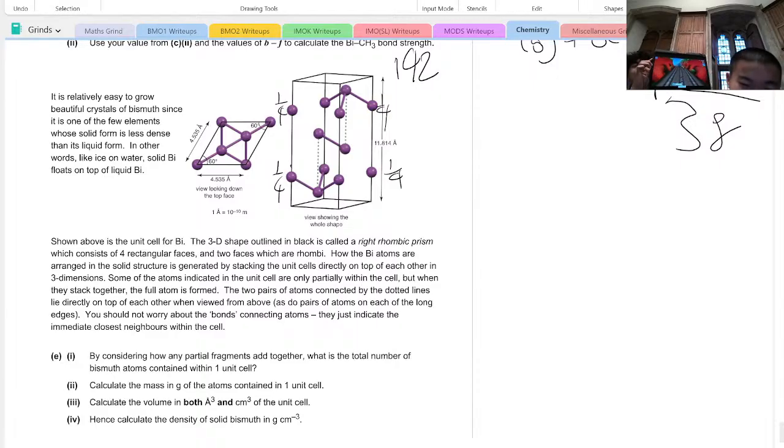Okay, I'll turn it down. Please turn the volume down. Okay. Yeah, the 3D shape outlined in black is called the right rhombic prism, which consists of four rectangular faces, two faces which are rhombi. Okay, so this is also a quarter.